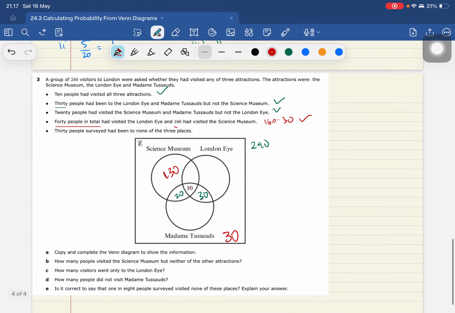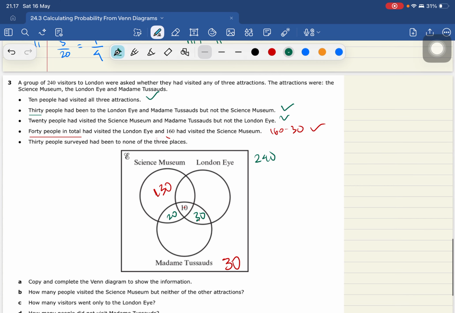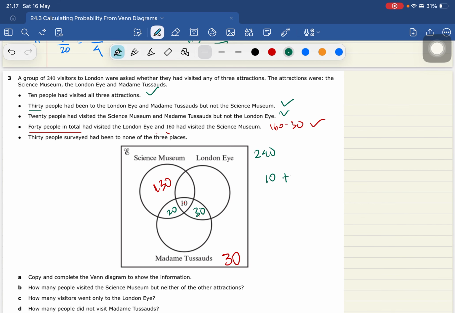Okay, what is missing? Are they already 240? So let us add. Here we got 10 plus 20 plus 30, plus 30 again, plus 130. Here we got 50, plus 10 with 30 is 40, and 130.